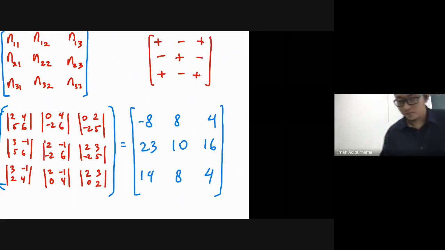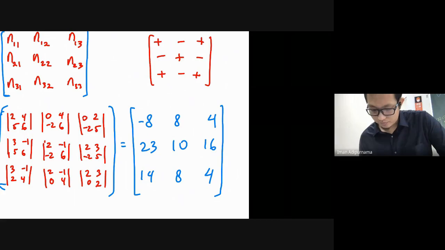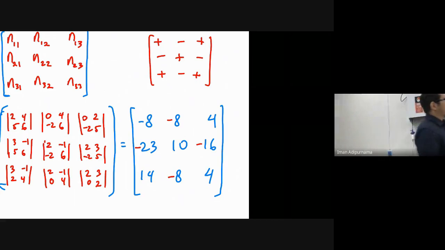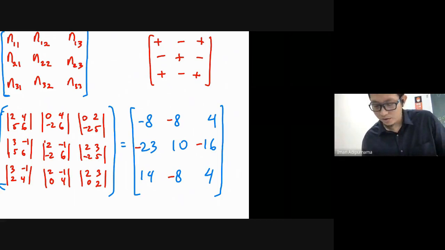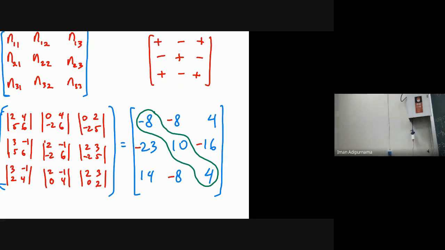So we got this result. It's still not the matrix that we want. Now this is a little bit tricky. I will mark this diagonal.